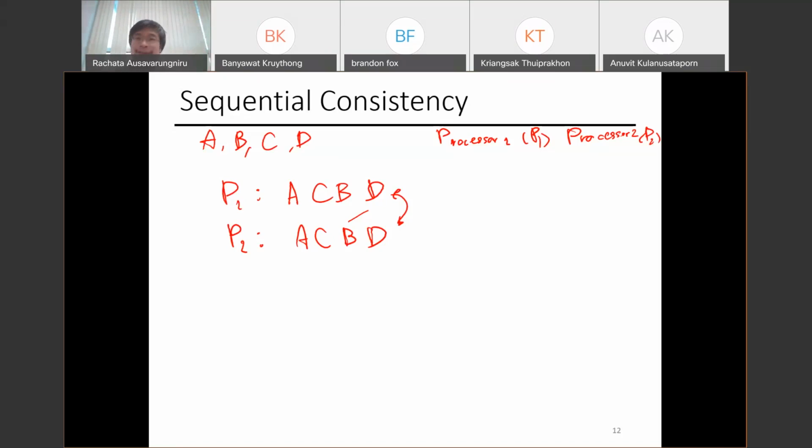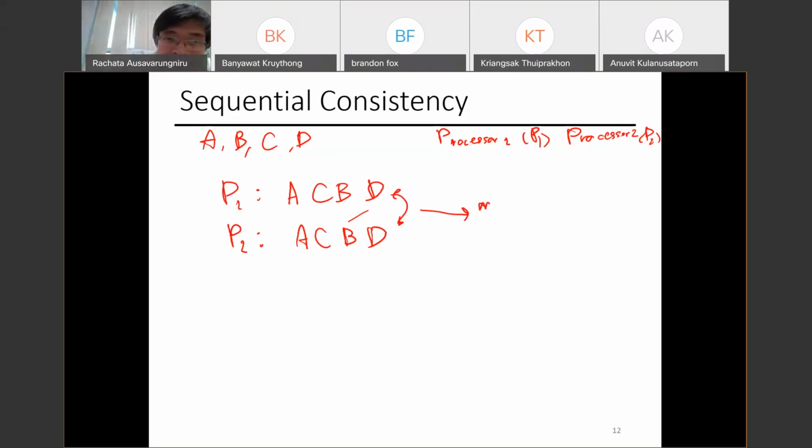If you translate that to a little bit more human language, let's say you are the programmer, and you're trying to figure out what's wrong here. If you look at the memory, from processor 1's point of view, you see A, C, B, and D. From processor 2's point of view, you see A, B, C, D. Who can you trust?